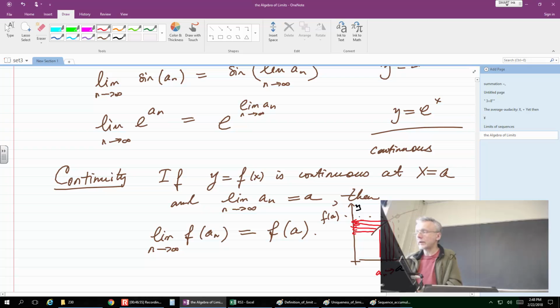So we have convergence here, a_n converges to a, and we want to ensure that f(a_n) also converges. That's what makes a function continuous. It guarantees that there is no jump at x equals a, no jump of values like this, which would make sure that there is no convergence.